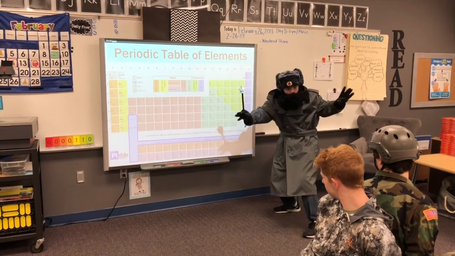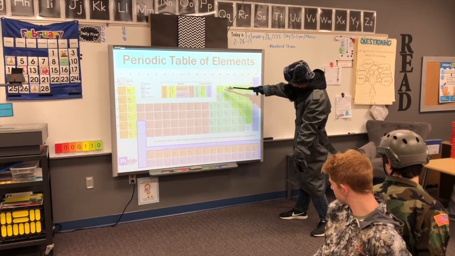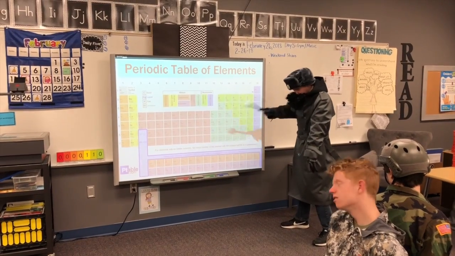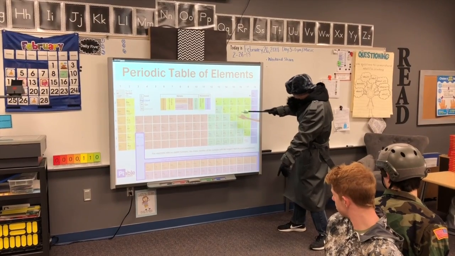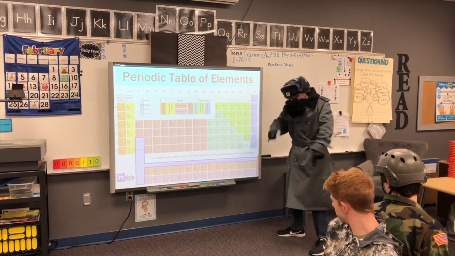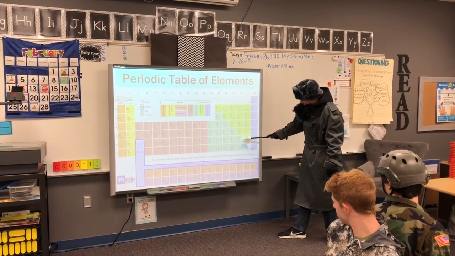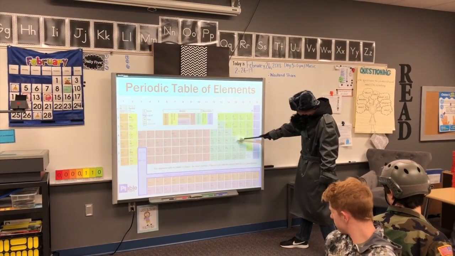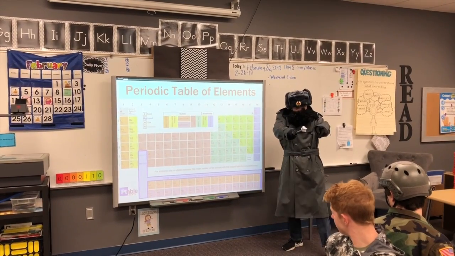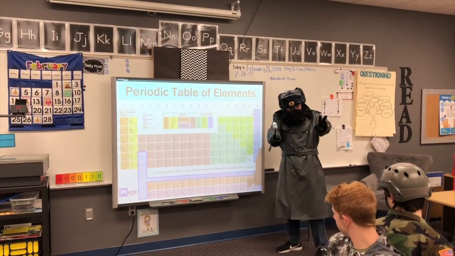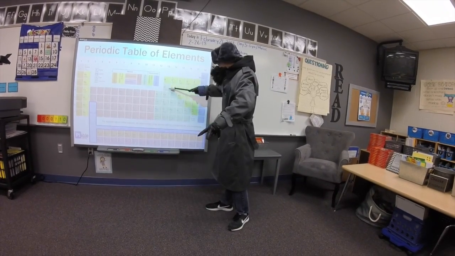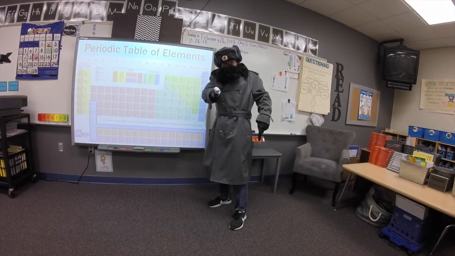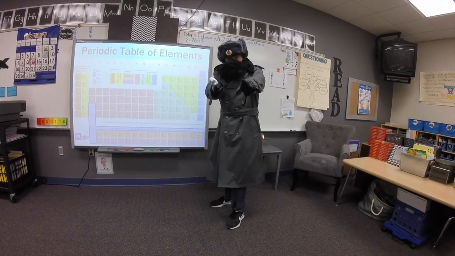We call them metalloids: anything that's touching the stair-steppy line. We have boron, silicon, arsenic, tellurium, and everything below it: polonium, antimony, germanium, aluminum. But there are two exceptions, two dastardly metals: aluminum and polonium. They're metals. Remember this.